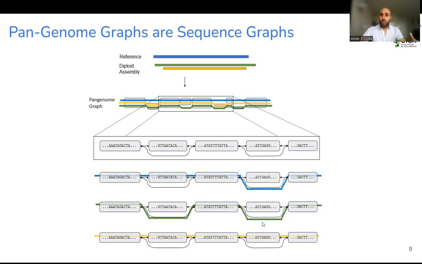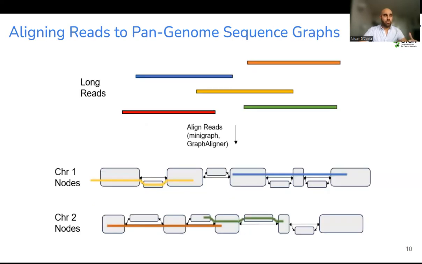Now, there's a lot of known variation contained in these pangenome graphs, right? We've got 47 different individuals' data contained in these graphs, and there are a lot of variants that are unique to 1 or 2 individuals that might be shared by others in the population. So we can align reads to these graphs now using tools like minigraph and GraphAligner.